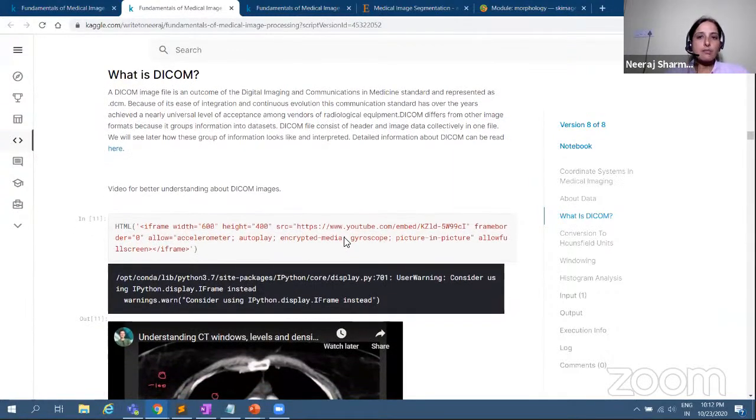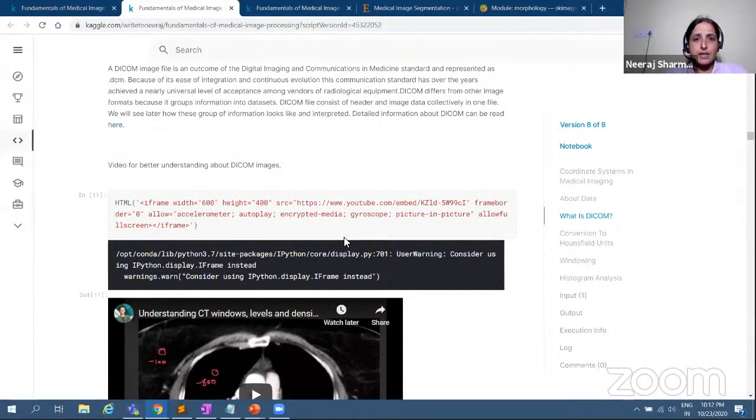How DICOM differs from other images is that DICOM groups the whole metadata in the form of a header and then the data set, which we will see shortly, like how the DICOM looks.